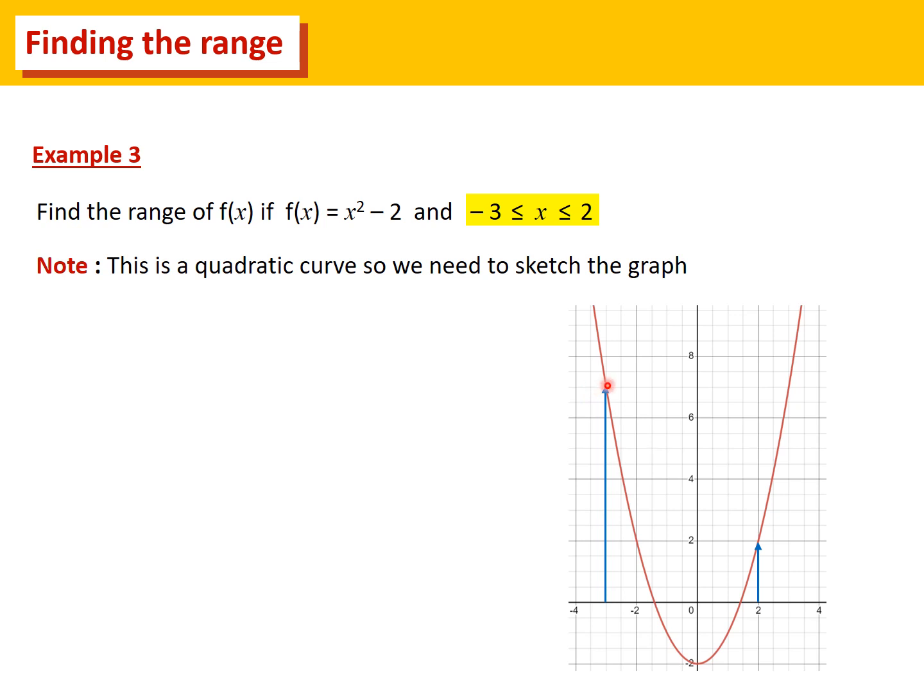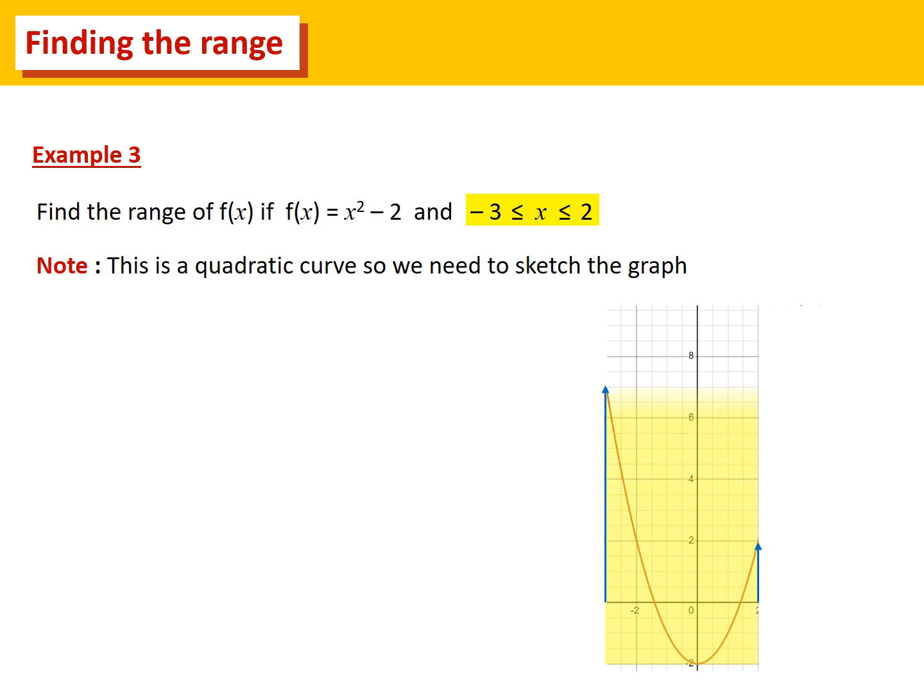We'll find out what that is in a moment. And x equals 2 gives us a y value here, and we'll find out what that is in a moment. So we now cut the graph so that nothing exists below -3, nothing exists above 2, and our y values range through that yellow shaded area.